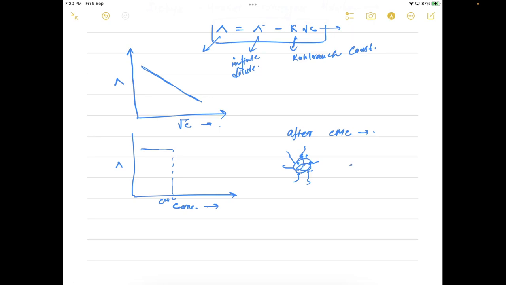This is the hydrophilic head group, and this is the hydrophobic tail group.